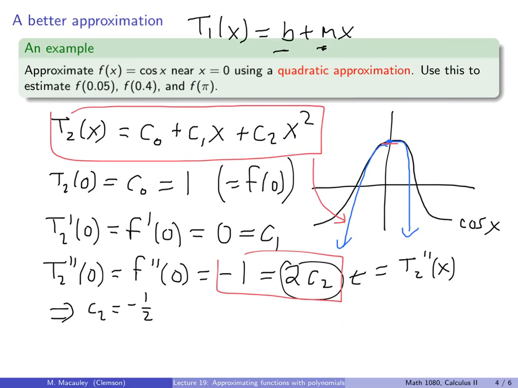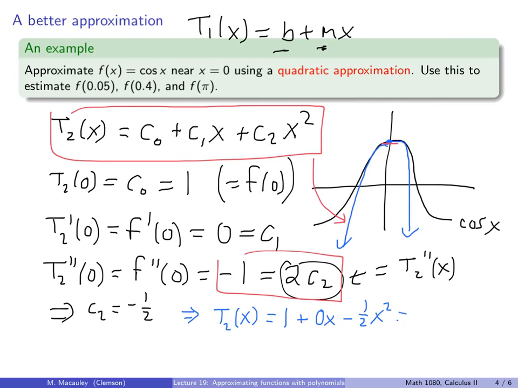We can write it like this: t2 of x equals 1 plus 0x minus 1/2 x squared. All I'm doing is filling in our known values of c0, c1, and c2.